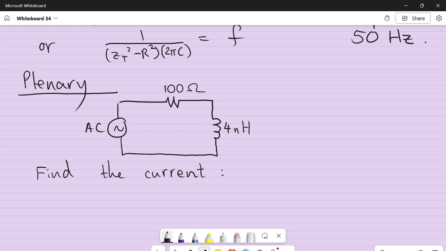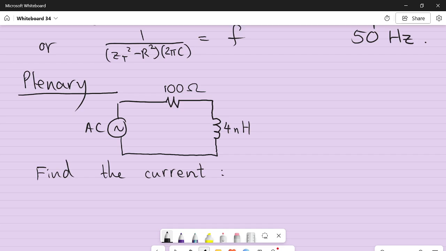Can you find a formula near to the formulas you just ticked? Can someone read that formula out? Find the current.